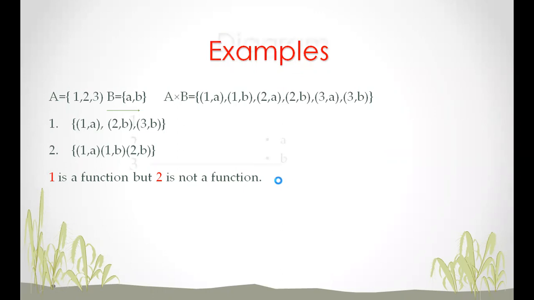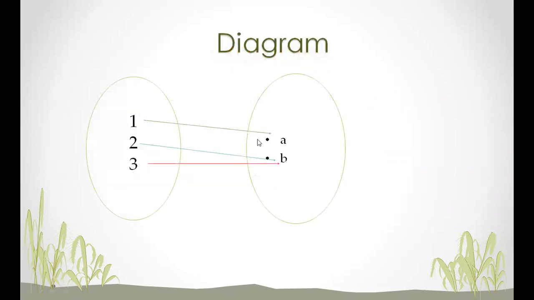Next we move forward and look at it with the help of a diagram. For example, 1 is mapped to A, 2 is mapped to B, and 3 is mapped to D. All the elements of set A are used, and each is mapped exactly once.